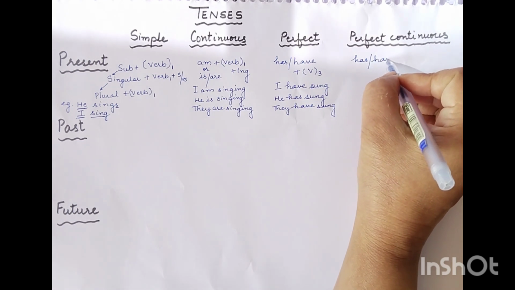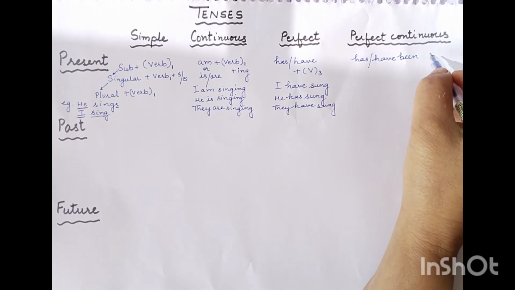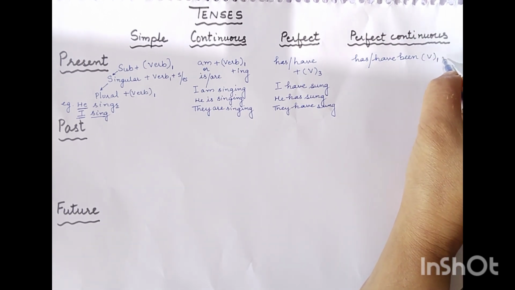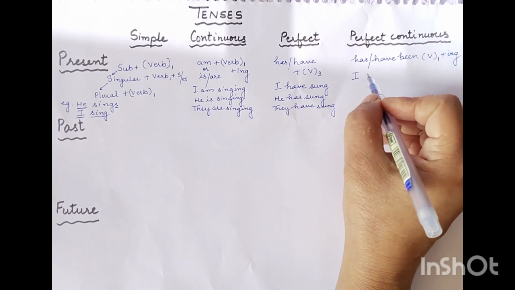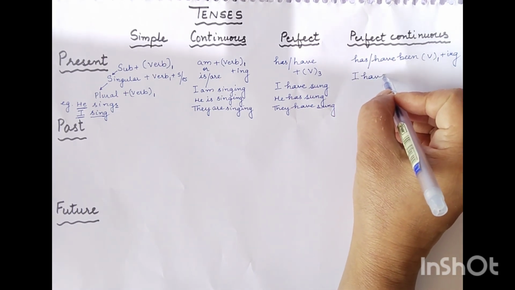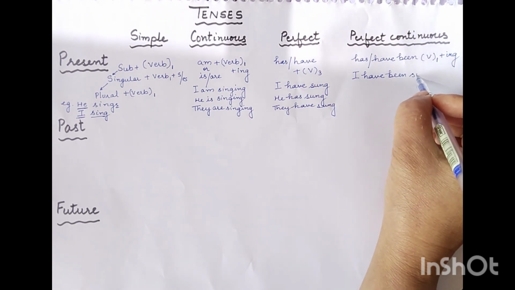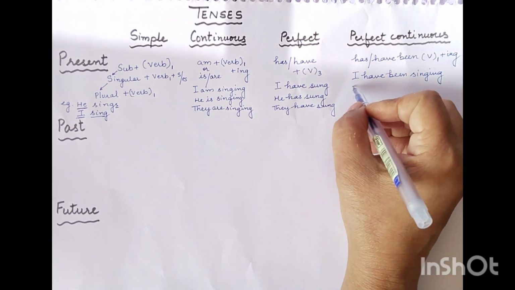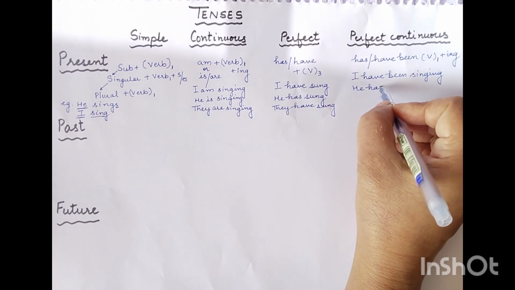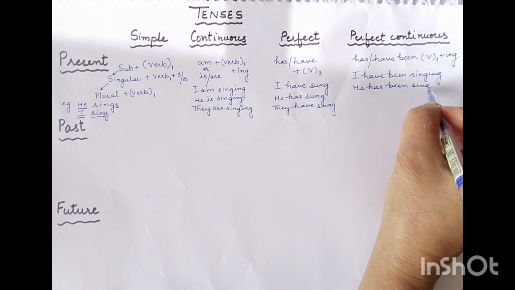In perfect continuous, has or have been plus first form of the verb plus ing. For example, I have been singing. He, singular, he has been singing.